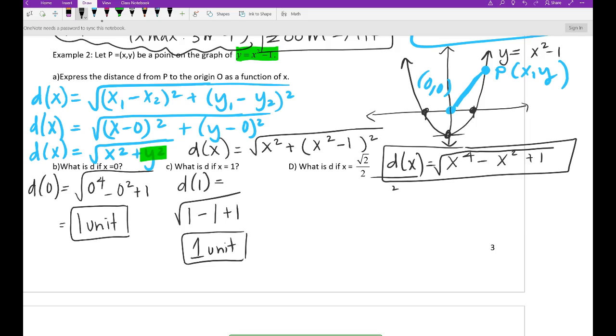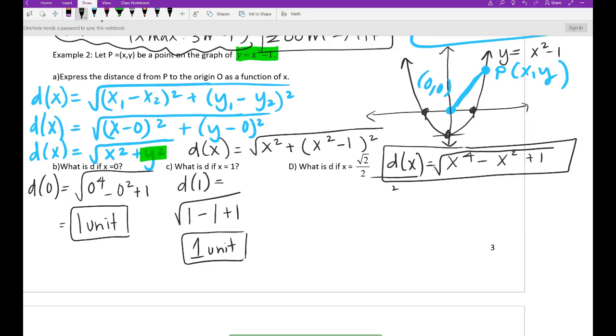Oh yeah, 2 and wait, actually, I know. That's so confusing. So it's just the answer. What's your final answer? Is the final answer rad 3/2? Yes.